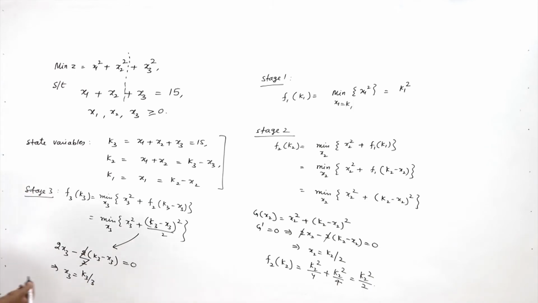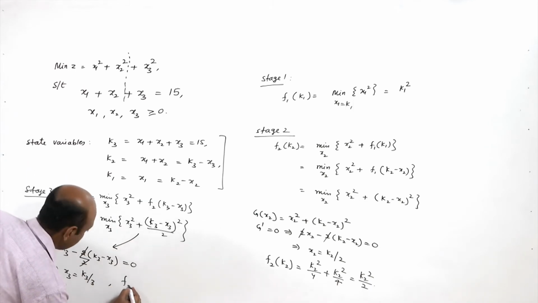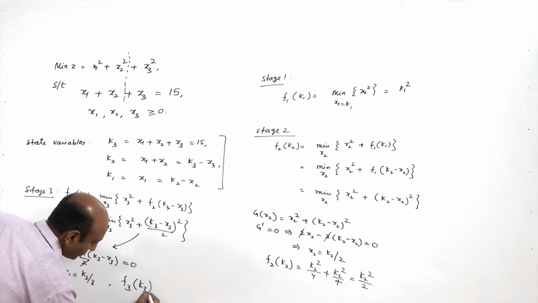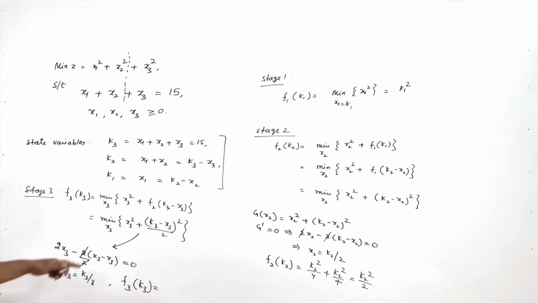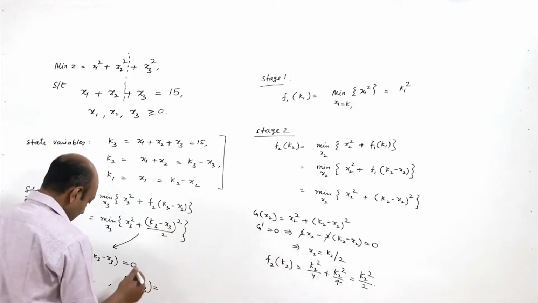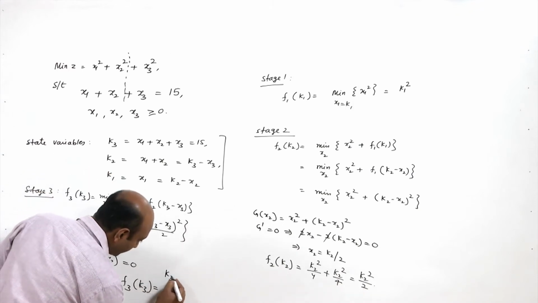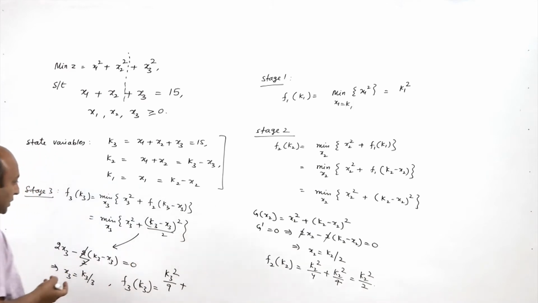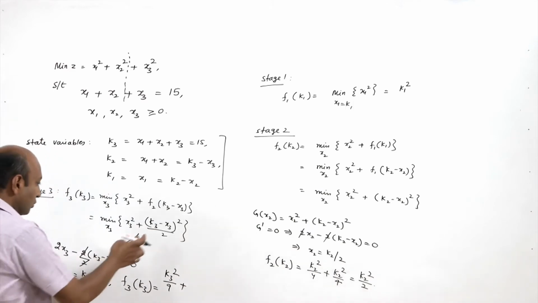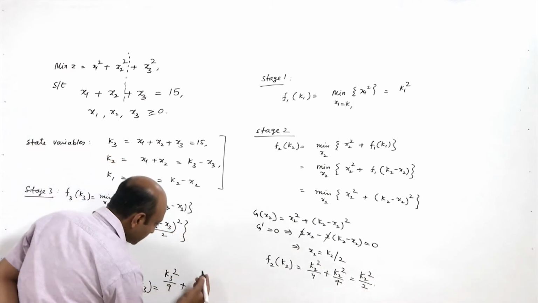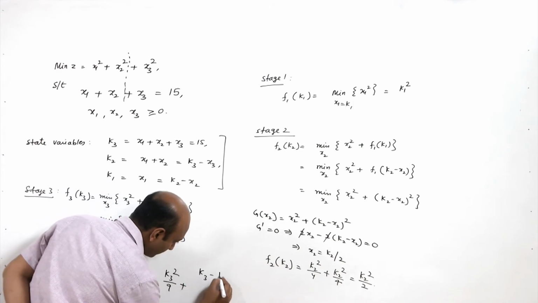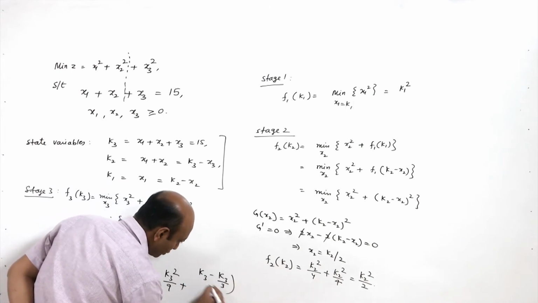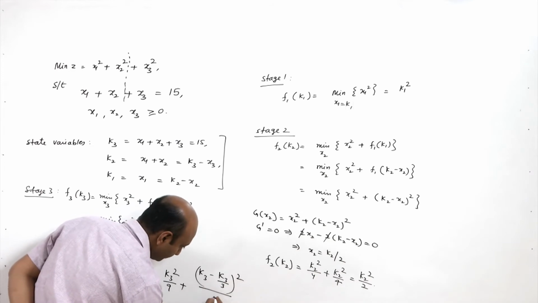And what will be f3 k3? For f3 k3 you simply substitute x3 equals k3 by 3. So what we obtain is k3 square by 9 plus, when you substitute x3 equals k3 by 3, it is k3 minus k3 by 3 whole square upon 2.